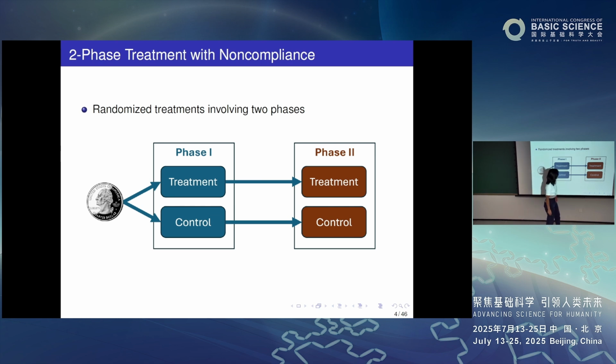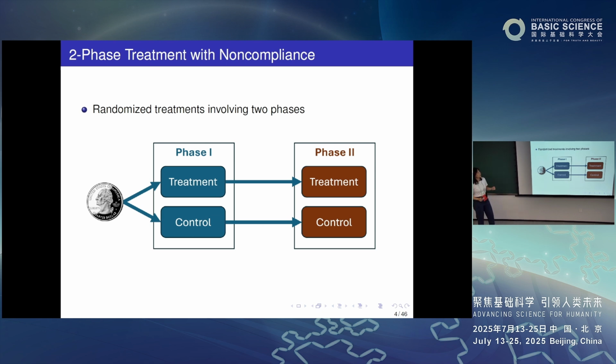Then there is a later time point, which we call phase 2. In this design, people hope that the subjects who receive the treatment at phase 1 will receive the treatment again at phase 2, and the subjects who receive the control will receive the control again at phase 2. That's the ideal scenario people expect.